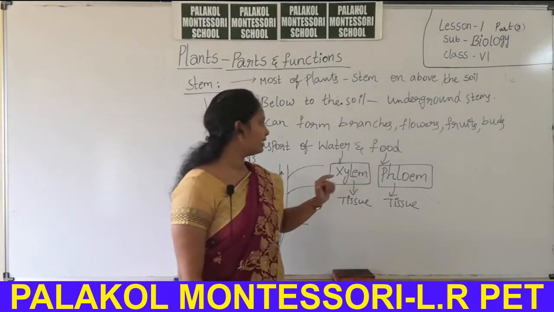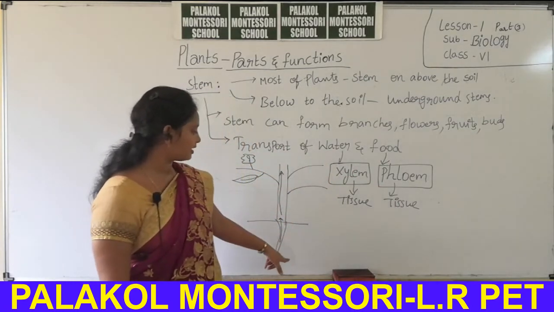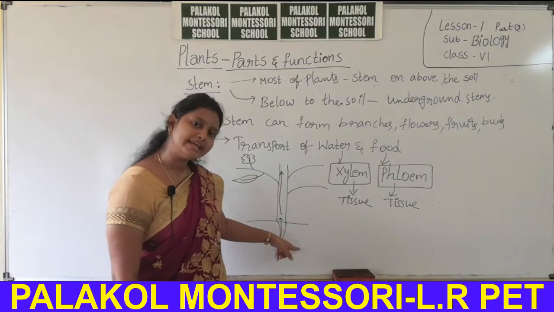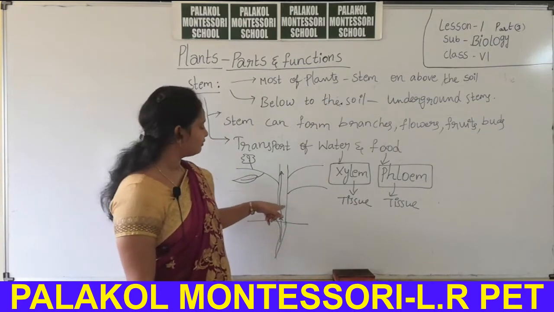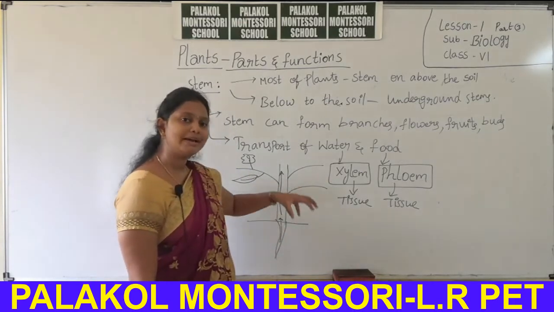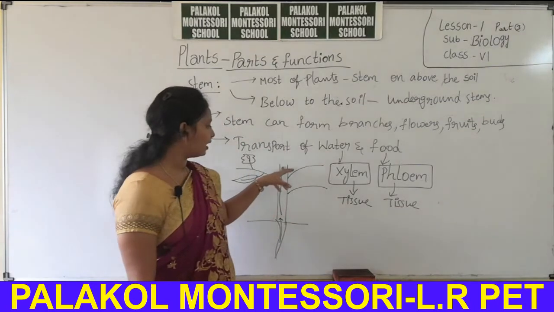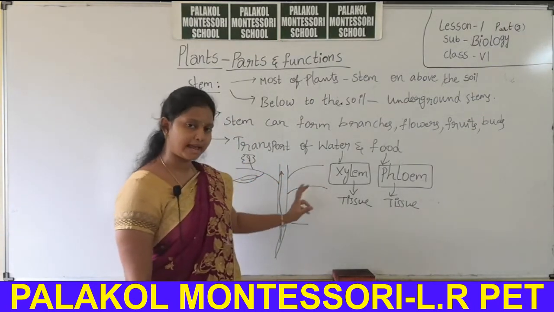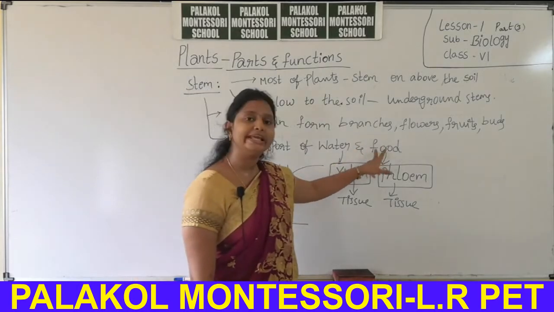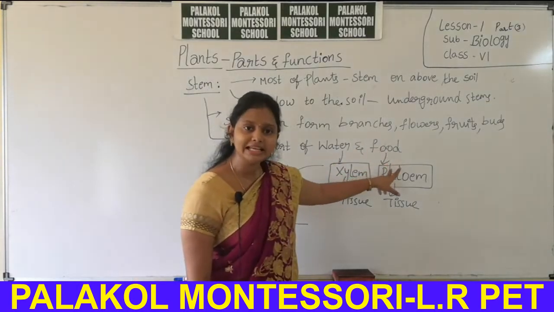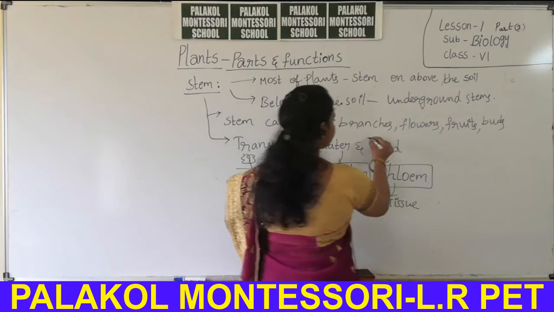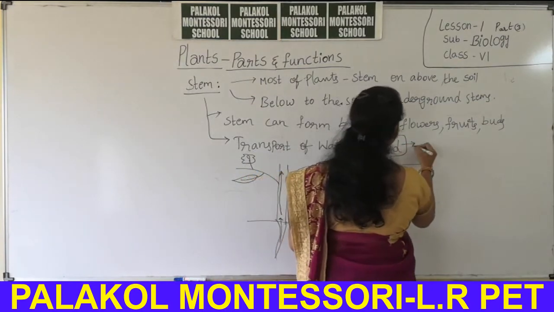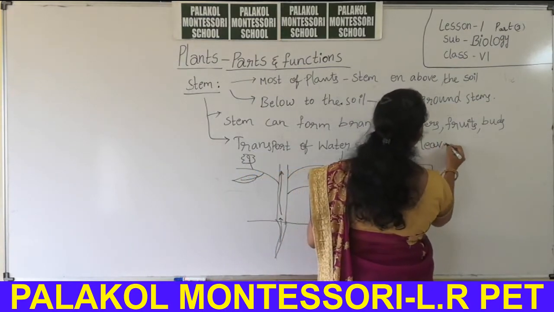Say one thing, water is coming from the root. From the root, the stem takes the water and transports it to other parts of the plant body. But food is present in the leaves. Why?